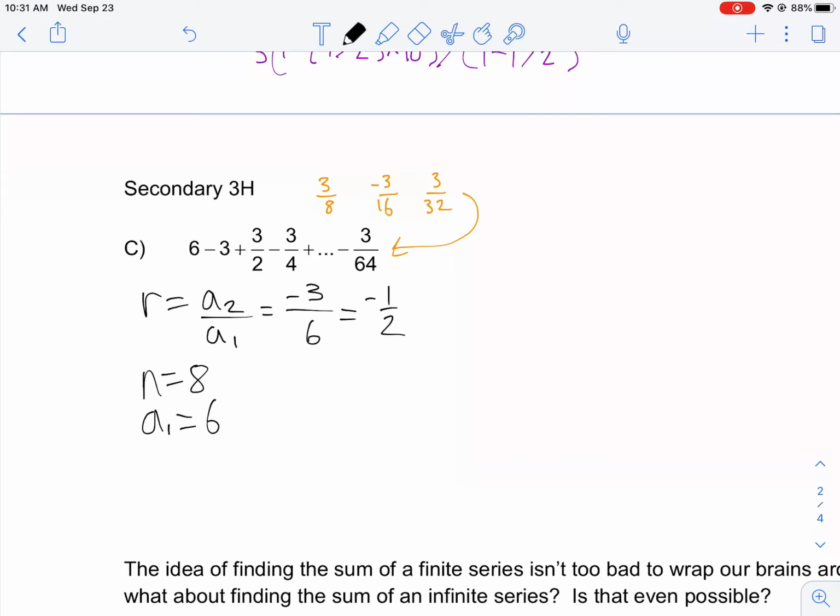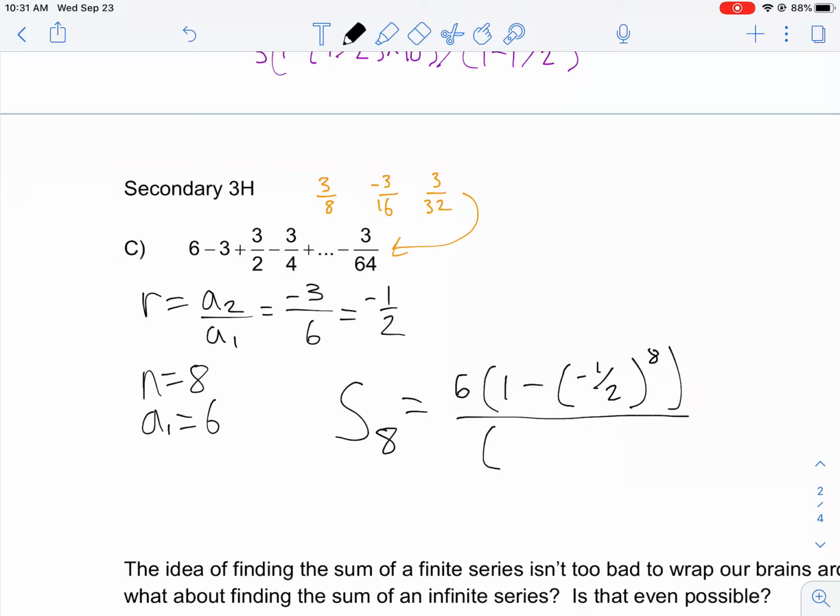So now we would go with the sum of n, which is 8 in this case, and then we plug in a 1 multiplied by 1 minus parentheses r, negative 1/2, raised to the 8th power, parenthesis, all over parenthesis 1 minus negative 1/2.